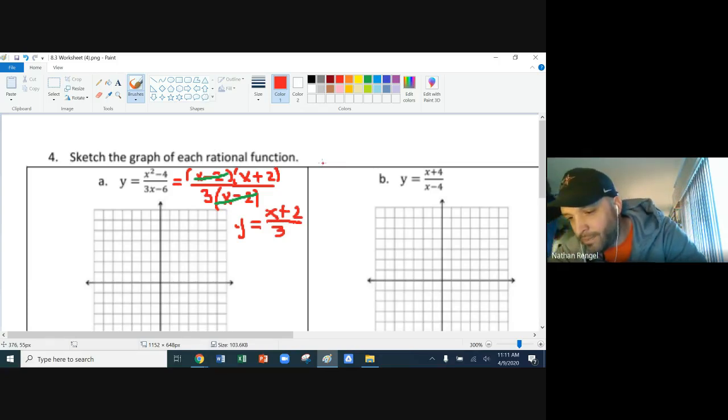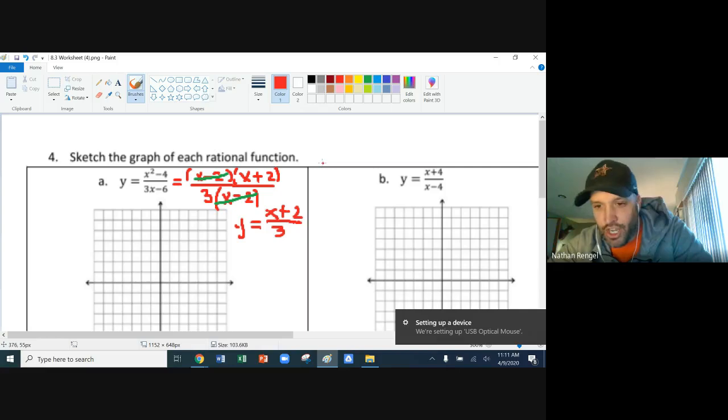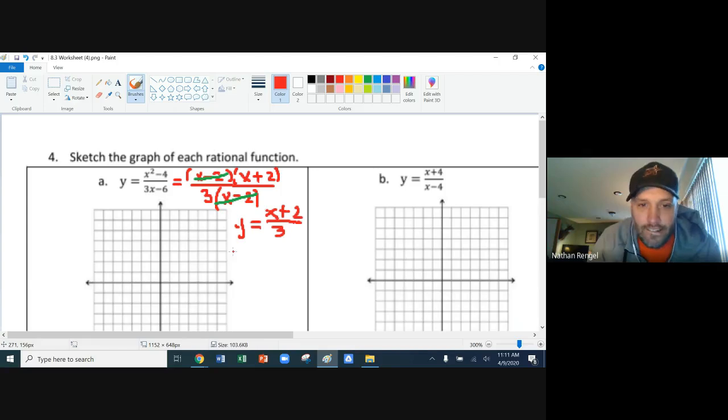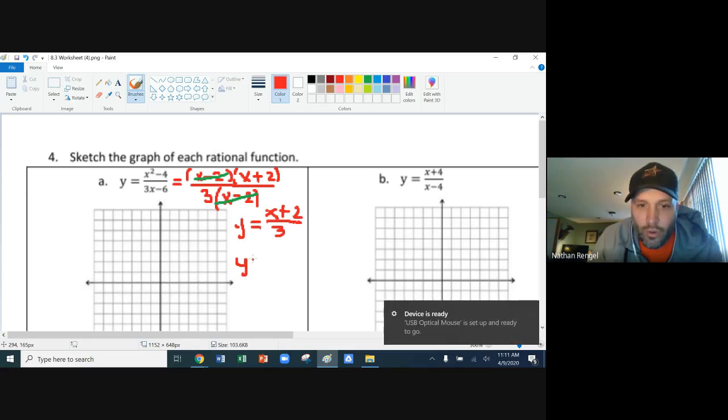So what type of shape do functions with a degree of 1 take? And if you are saying a line, you are correct. So this would simplify to this. Y equals x divided by 3 is like 1/3 x.